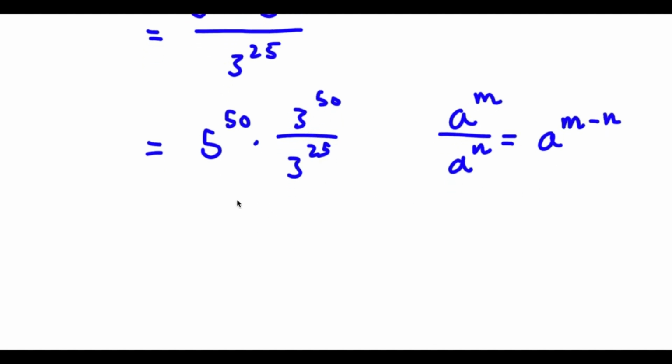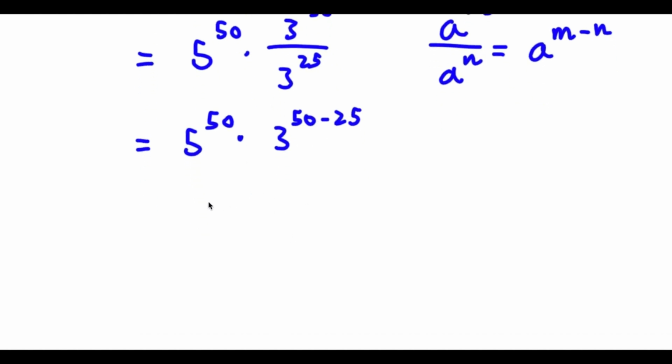So 3 to the power of 50 over 3 to the power of 25, that's going to equal 3 to the power of 50 minus 25. And 50 minus 25, that's equal to 25. So now I have 5 to the power of 50 times 3 to the power of 25.